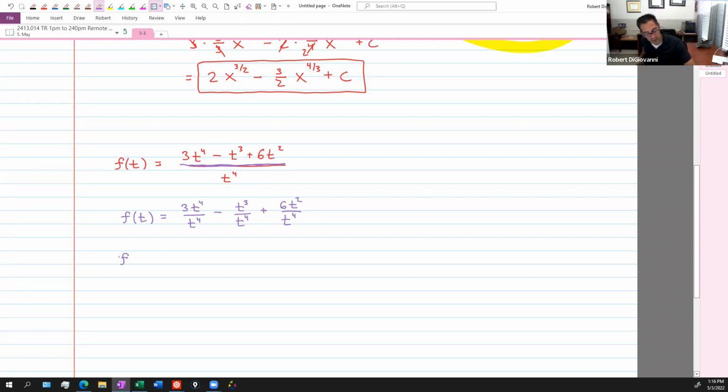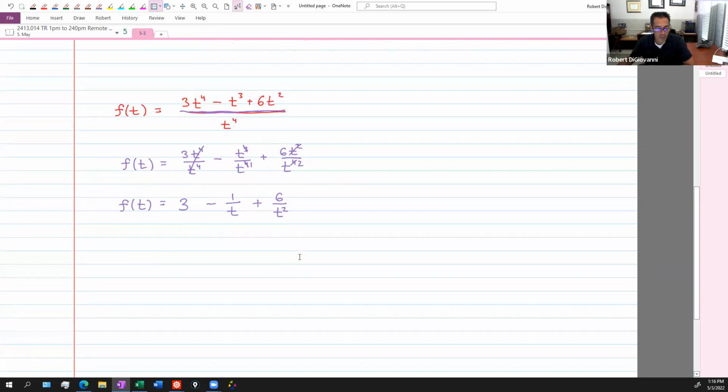I'm just rewriting the original function. These t to the fourths cancel, I just get 3 minus, now this one here, 3 of these go away. I'm left with 1 t on the bottom, so I get 1 over t here. And then plus, 2 of those t's go away. I still have 2 on the bottom, so I get 6 over t squared here. That's where I am so far.